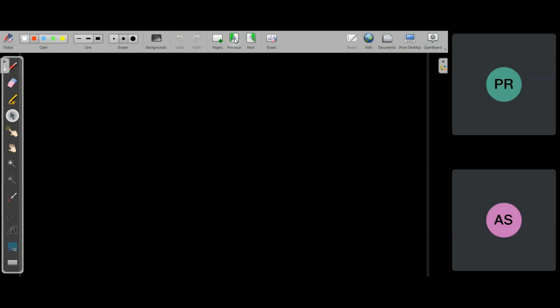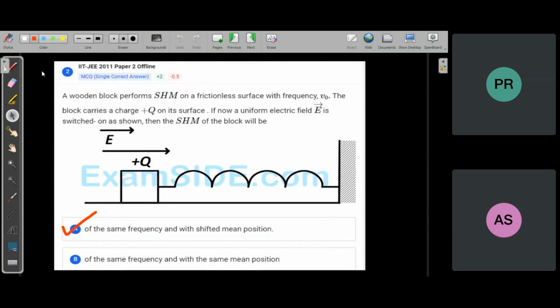That constant external force is not the restoring force. If the force is variable, then it will affect the frequency and time period.